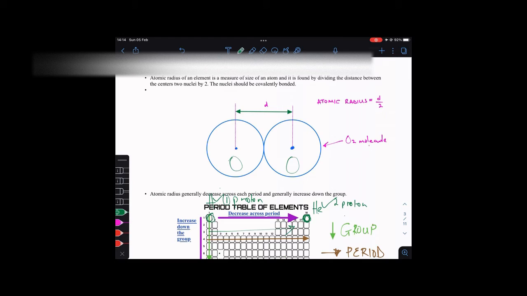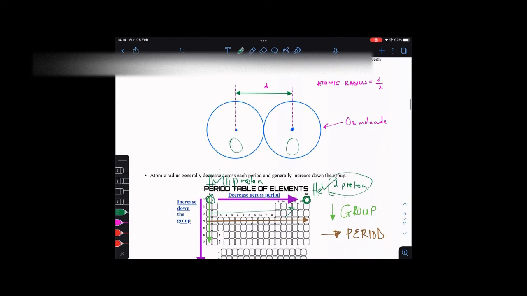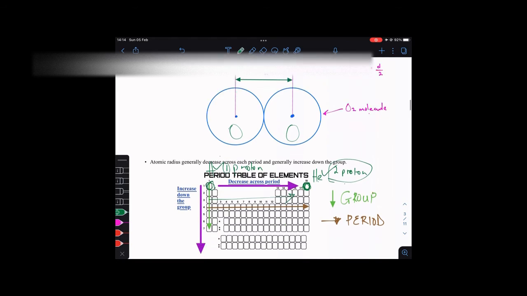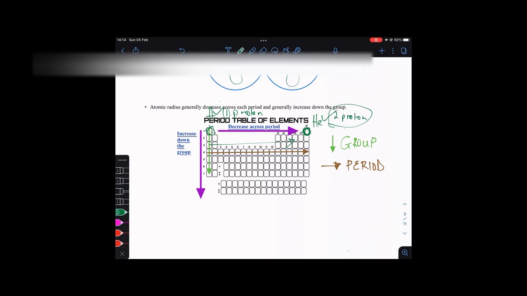The increased number of protons means that there is increased nuclear charge. Helium has a greater nuclear charge, and although we have an increased number of electrons, they are still in the same principal quantum shell. There's no increase in the number of shells. So that greater nuclear charge will pull the electrons in the same principal quantum shell closer, making the radius of the atom shorter.